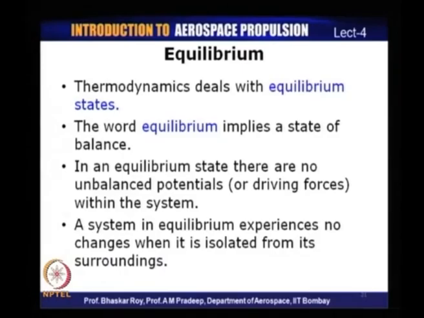So, basically the word equilibrium implies a state of balance, and for a system to be in a state of balance, it is essential that there are no unbalanced potentials or driving forces within the system. So, for an equilibrium state, the system does not experience any change when it is isolated from its surroundings. A system that is in complete equilibrium will not undergo any change when it is isolated from the surroundings.